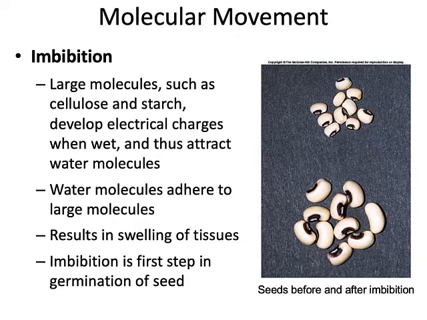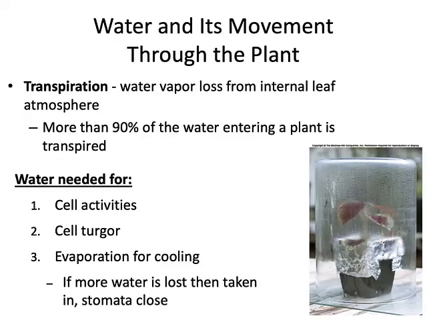For example, beans are types of seeds, and these seeds swell up and fill up with water before they germinate. We say that the seeds imbibe water. So therefore, imbibition is the first step in the germination of most seeds.